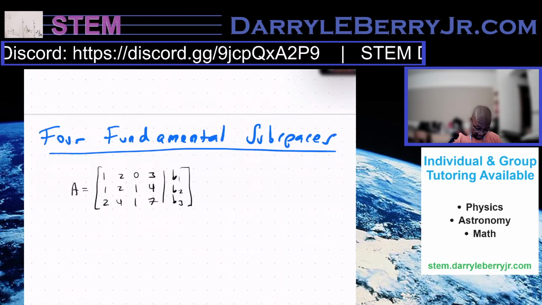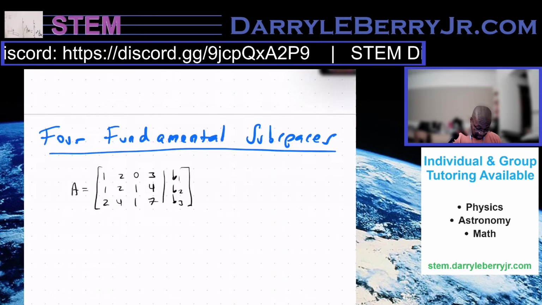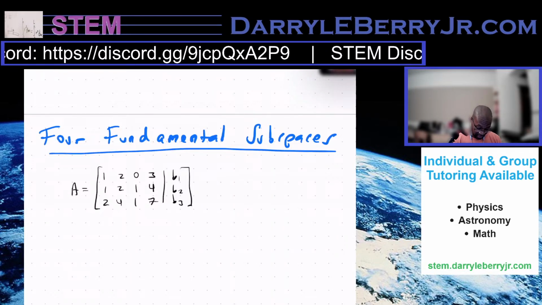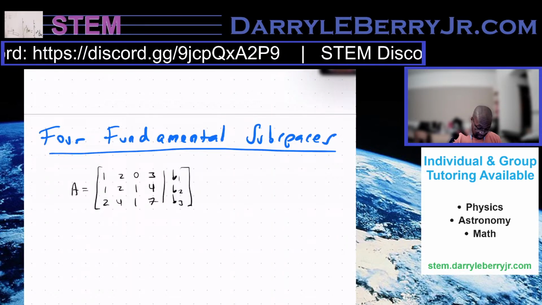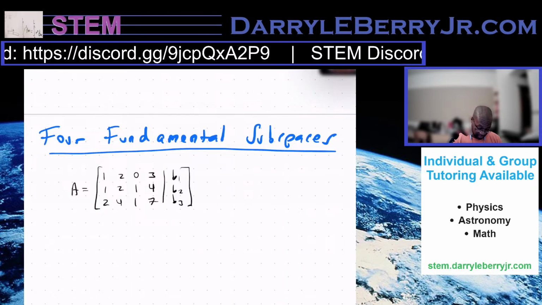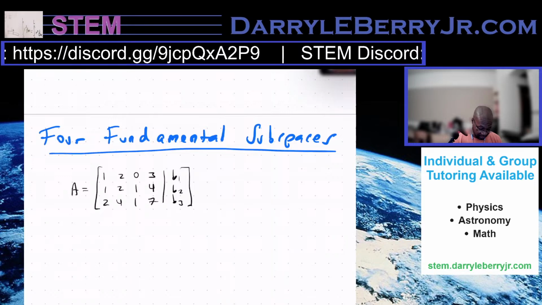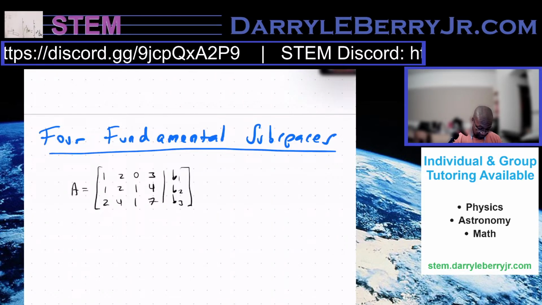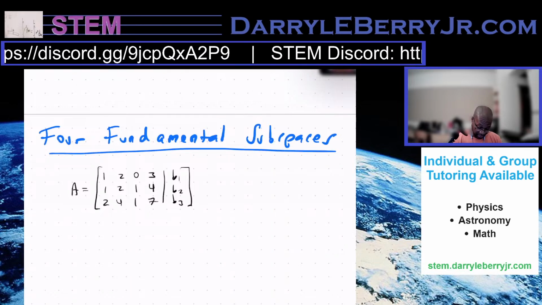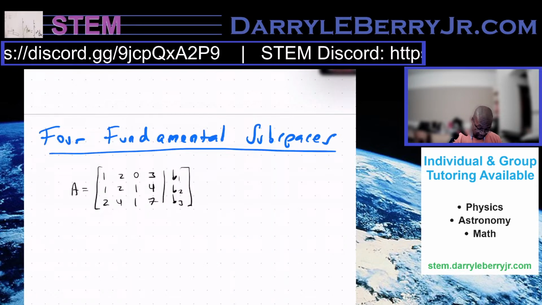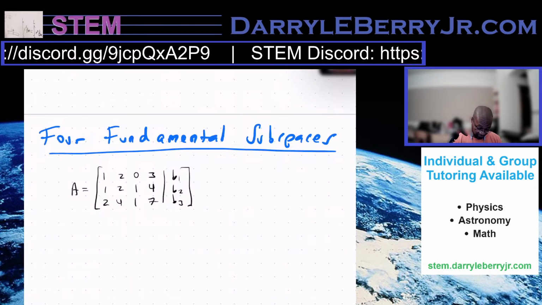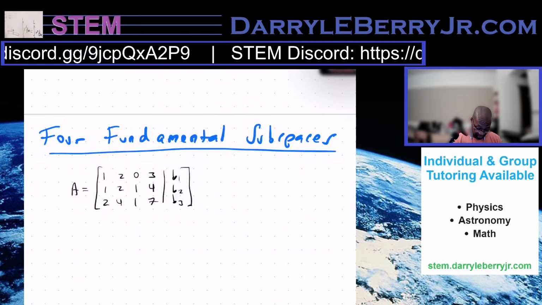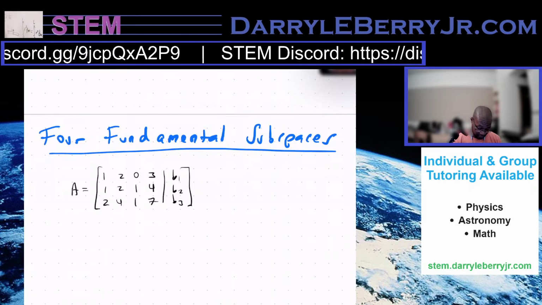So we can say x1 plus x2 plus x4 equals 0, and x3 plus x4 equals 0. So x equals x1, x2, x3, x4, which equals negative x2 minus x4, x2, negative x4, x4.